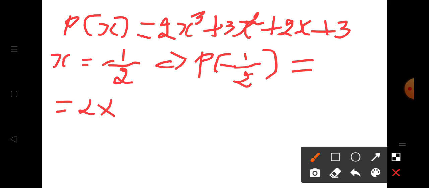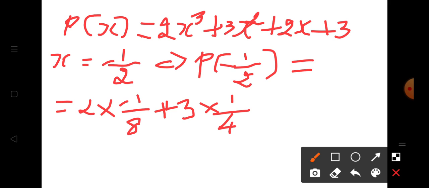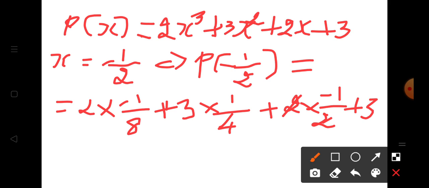So 2 into -1/8 plus 3 into (-1/2) whole square, that is 1/4, plus 2 into -1/2, plus 3. Now we cancel these 2, so we get the answer -1. Here we simplify it, -1/4.